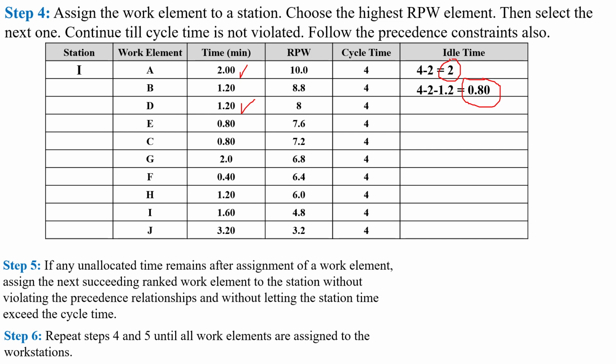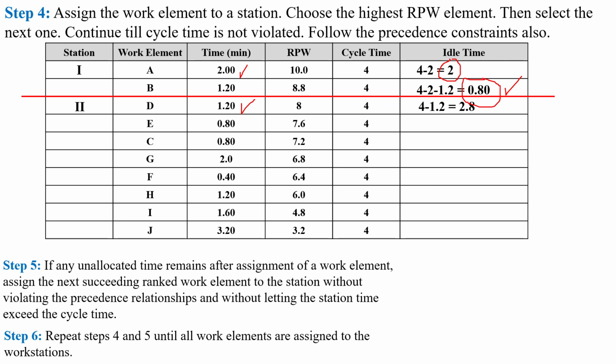Then we can't add work element D in station 1. So we have to close station 1 with work elements A and B, and its idle time is 0.8. Next we start the second station with work element D.